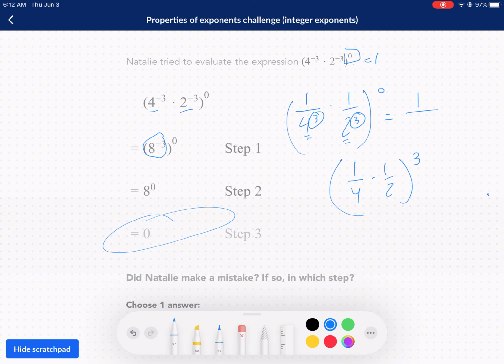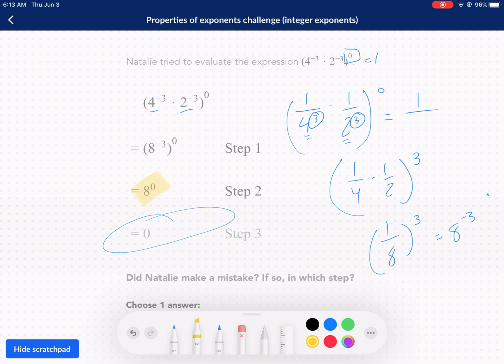Because they're both raised to the 3rd power, we can take out that exponent. So now it becomes 1 over 8 to that 3rd power, which is the same thing as 8 to the negative 3rd. So she's actually good in step 1. I got a little too excited here, and that is actually correct. That's the rule of exponents applies to that one.